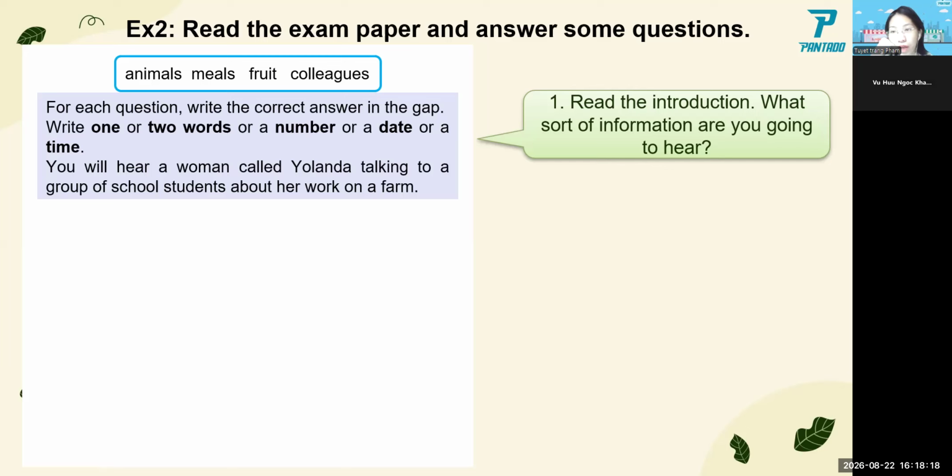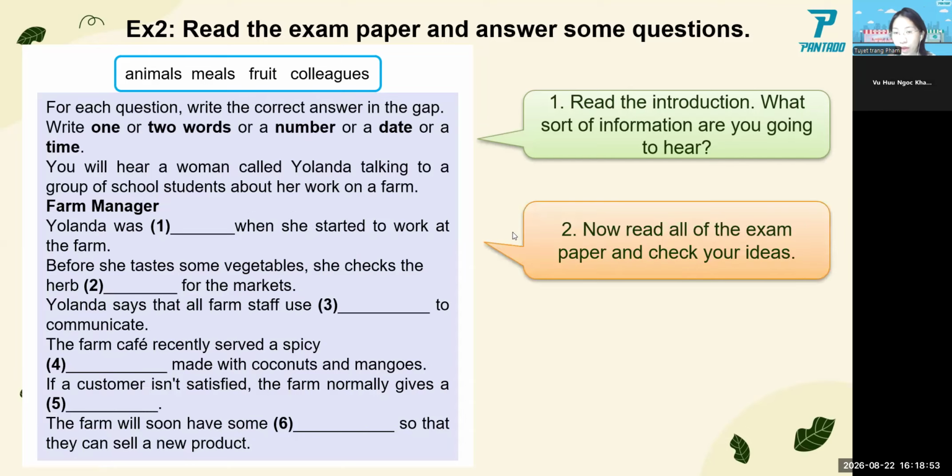What kind of information are you going to hear? Numbers. Okay. Or maybe the way from this woman's work on the farm. Some accents. Okay. About the number or time. Now, read the exam paper and check your ideas.